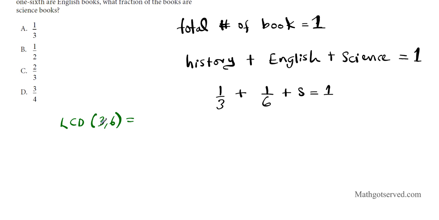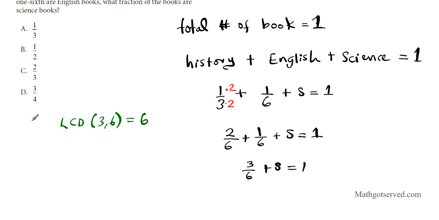Since 3 goes into 6 and 6 goes into itself, 6 is the LCD. So I need to change this into 6. To do that, I need to multiply by 2 top and bottom, because 2 times 3 is 6. So I'm going to have 2/6 plus 1/6 plus S equals 1 whole pie. 2/6 plus 1/6 is 3/6 plus S equals 1.